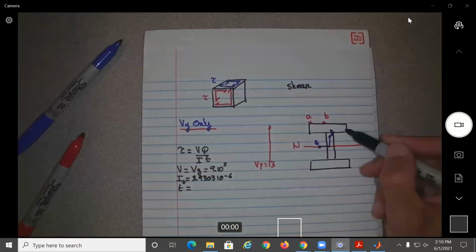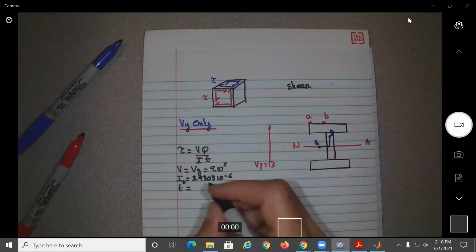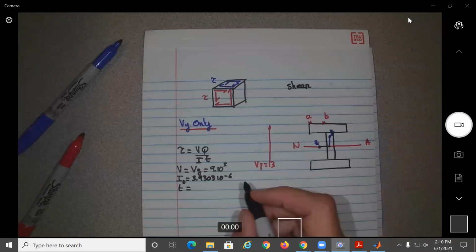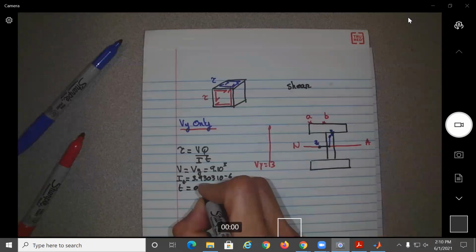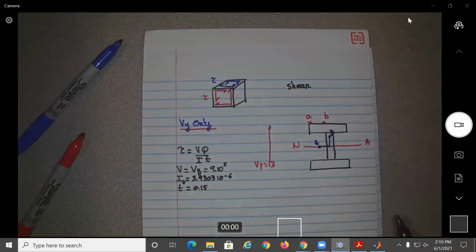The thickness this time will be, all this area will resist, so the thickness will be 150, so 0.15 meters, all this length. Remember, for shear the area needs to be perpendicular. That's the definition of shear: force parallel to the area, otherwise it would be normal stress.